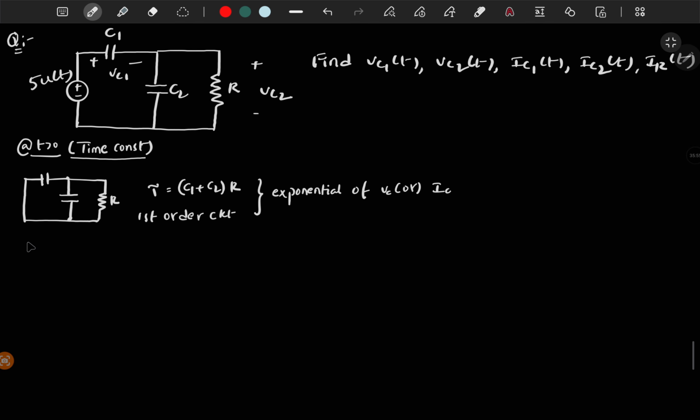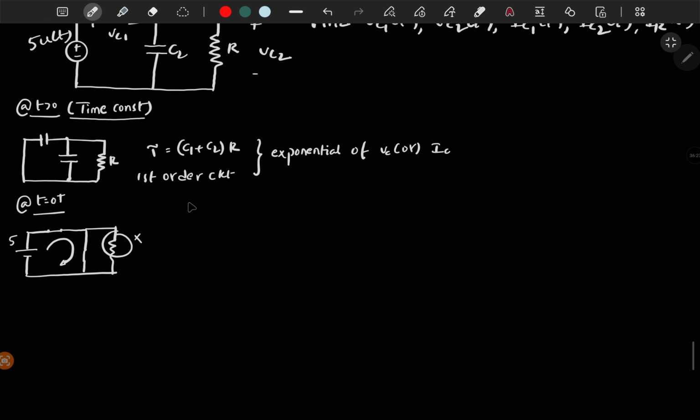Now let's start analyzing the circuit. At t equal to 0 plus, short circuit the capacitors, then you have a resistor, so this we can neglect. So an impulse current is flowing through both the capacitors, which means there will be a sudden change in the voltage across the capacitors. If you want to find the voltage at t equal to 0 plus, the capacitor remains the same, so you have a very low impedance across some impedance, which is C2, and you have 5 volt.